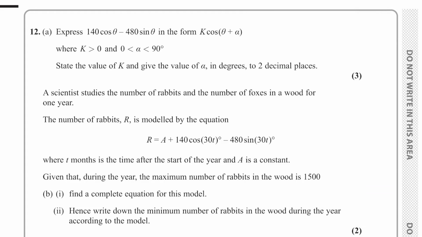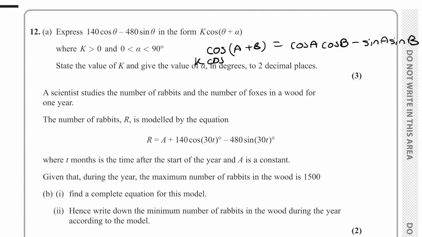So it's cos plus. So cos(A plus B) is cos A cos B minus sine A sine B. And we're going to change A into theta, B into alpha, and times through by k.